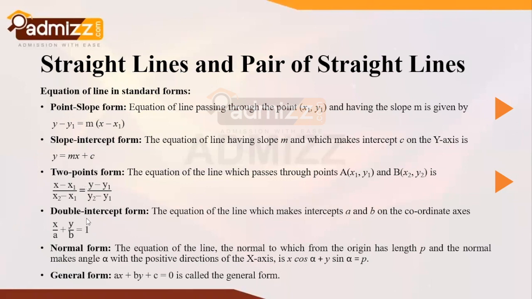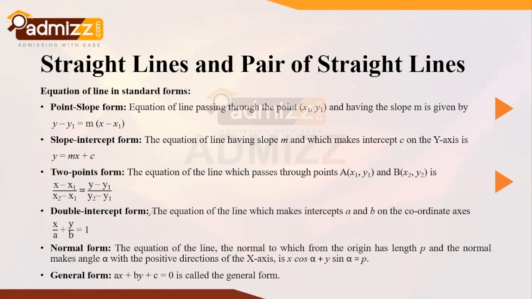Now, the next part which we'll be looking at is the double intercept form. In the double intercept form, you have the values of the x intercept and y intercept in the question itself. Let's say the x intercept value is 2 and the y intercept value is 3, and you are supposed to frame the equation of the line.